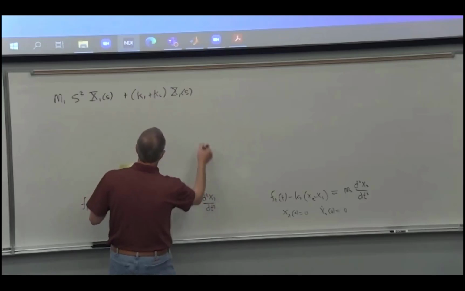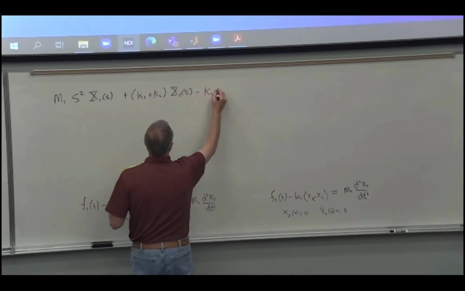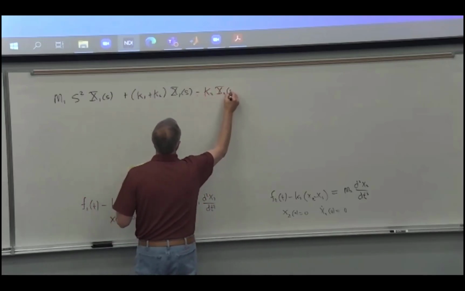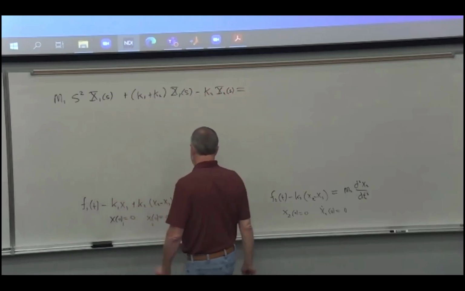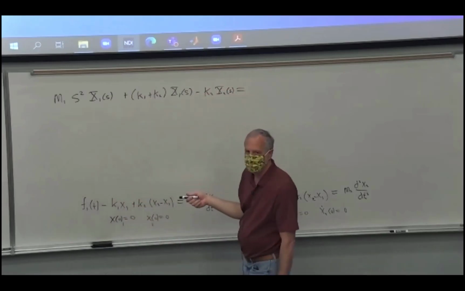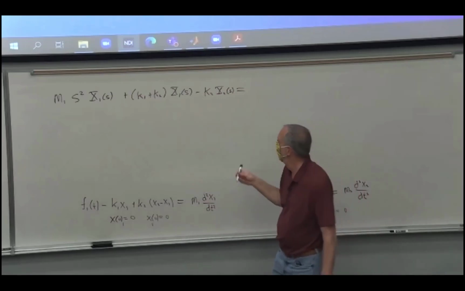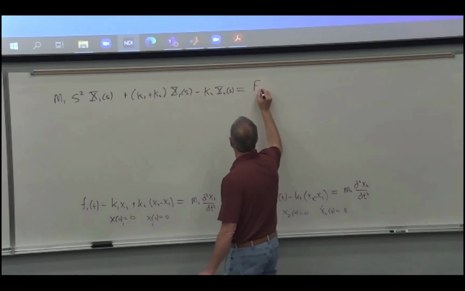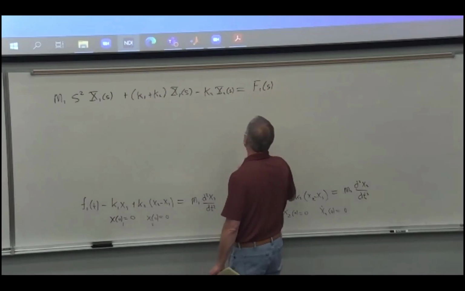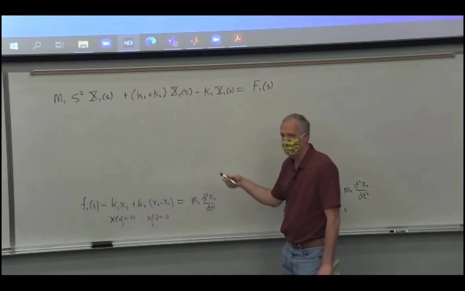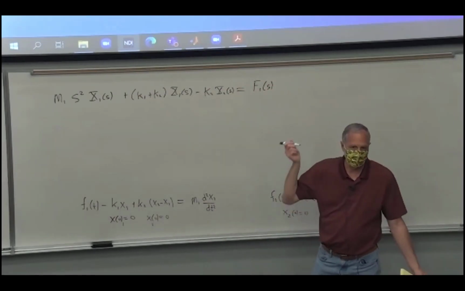Again, we're shoving these over the other side, so flip the sign. And then we can leave the forcing function in on this one, because Laplace doesn't say you have to do homogeneous in particular, you just do it. So this becomes f1 of s. Whenever we figure out what our forcing function is, impulse, step, whatever, we stick it in.